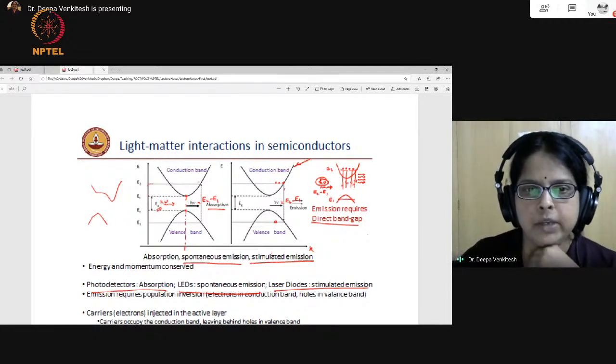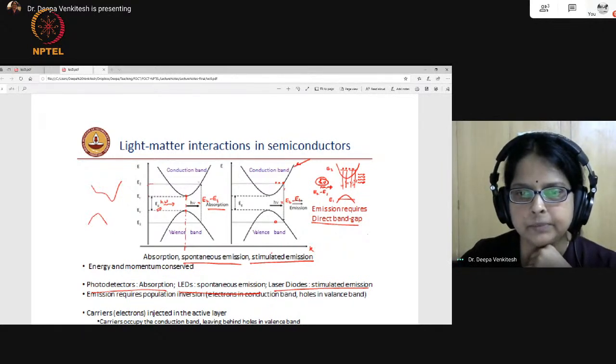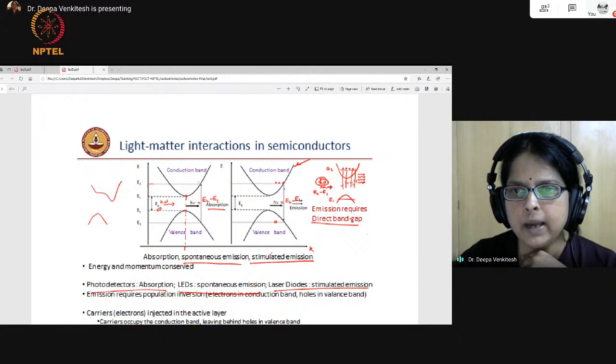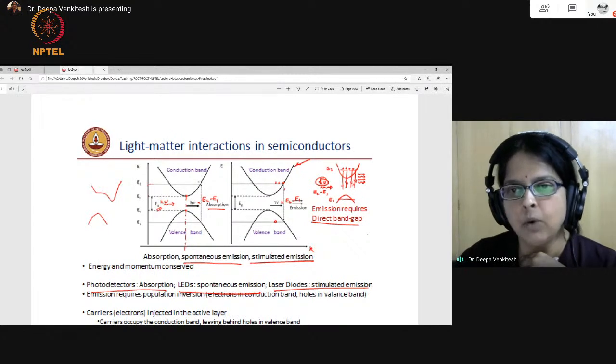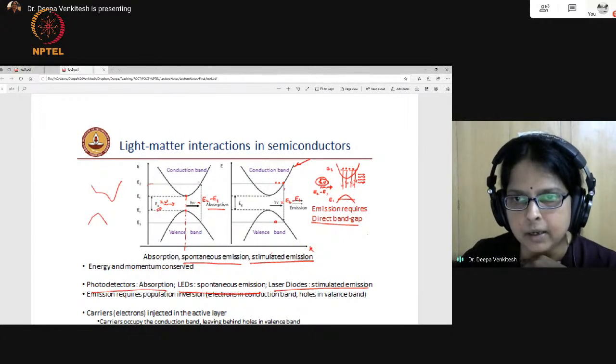So whether it is an LED or a laser, you need to have excess carriers in the conduction band so as to have emission. Suppose you do not have excess carriers in the conduction band. If you have incident light, the probability of absorption is more than the probability of emission.